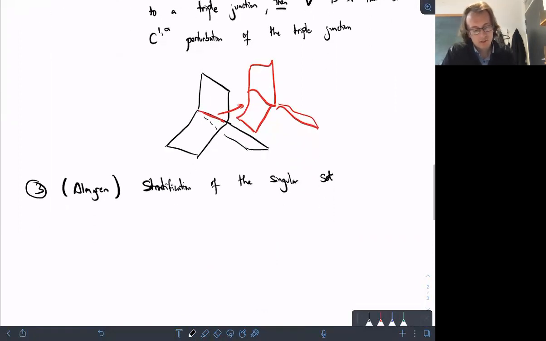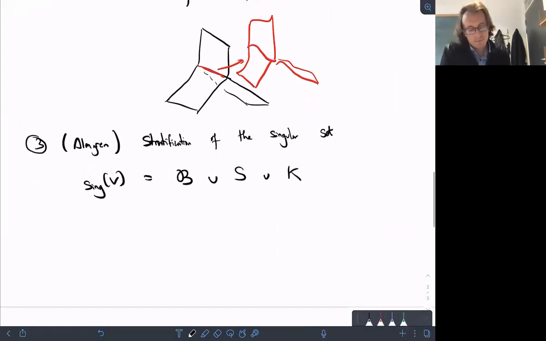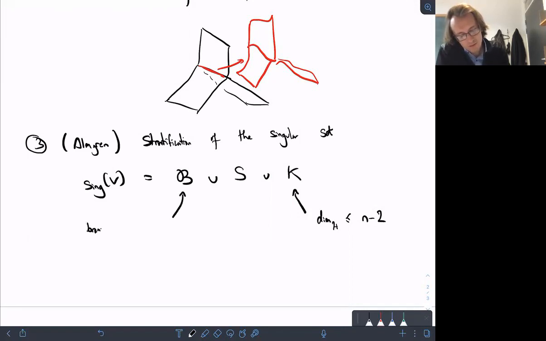What this tells us is that, again in full generality, the singular set of the stationary integral varifold can be decomposed into three sets. This K has dimension at most n-2, so it's small. This B is called the branch set.